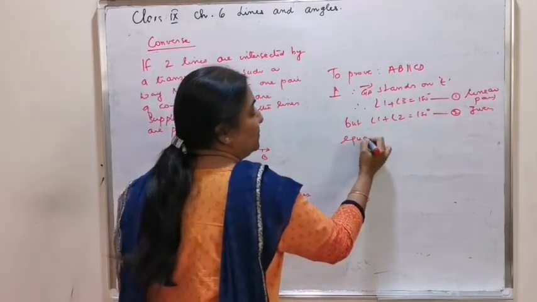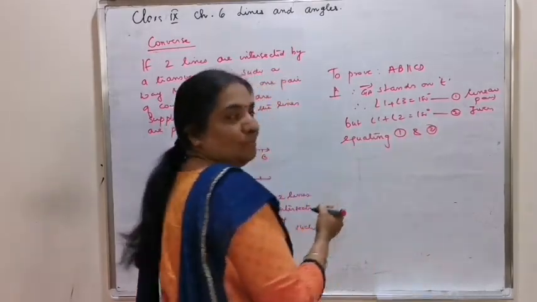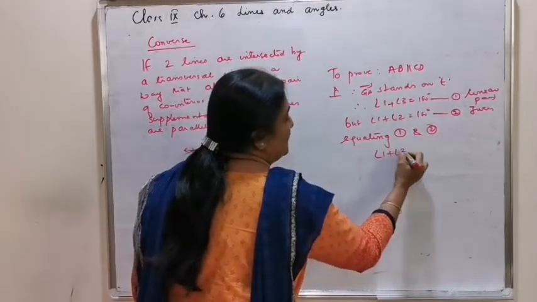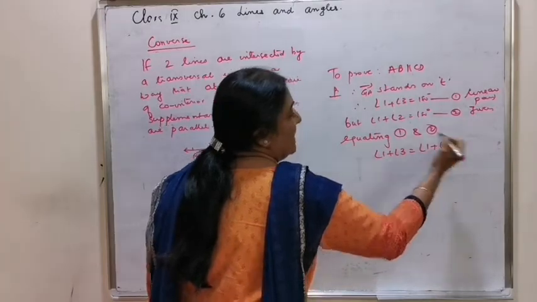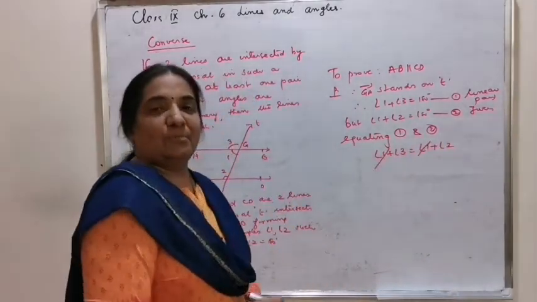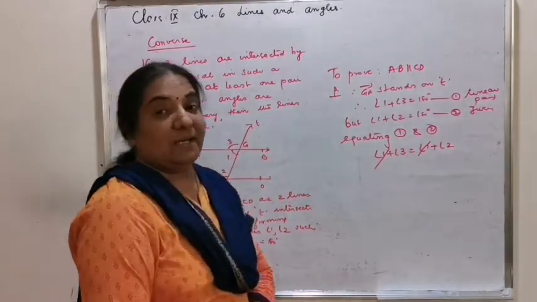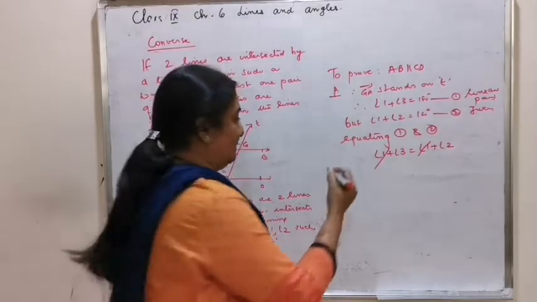So, what will you do with the equations 1 and 2 is equating 1 and 2. Angle 1 plus angle 3 is equal to angle 1 plus angle 2, equal angles from both the sides, that is 3 and 2 are equal. What type of angles are they?